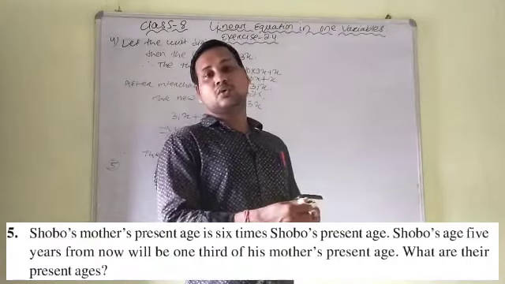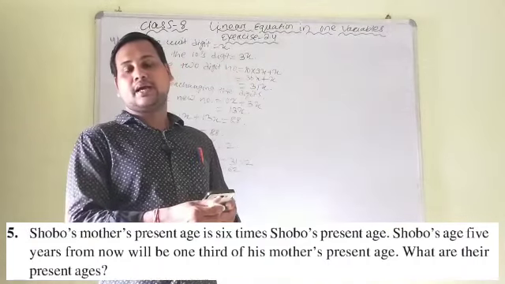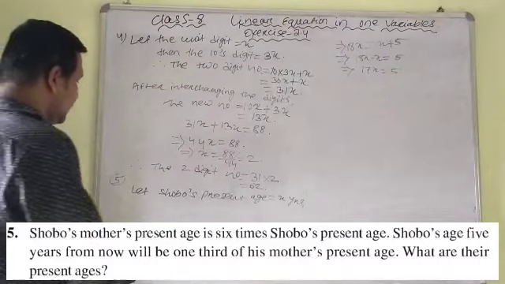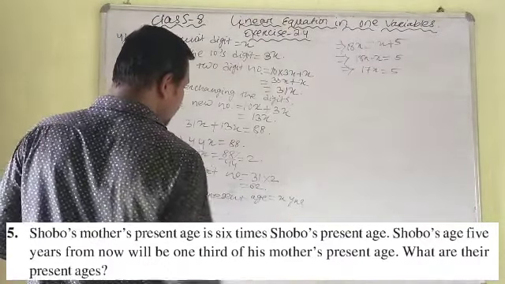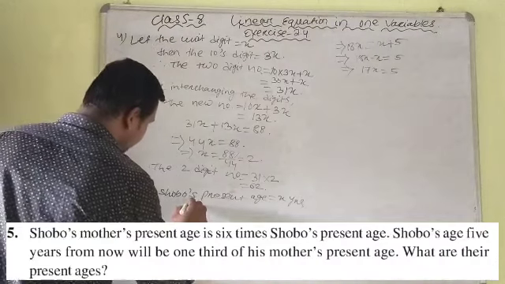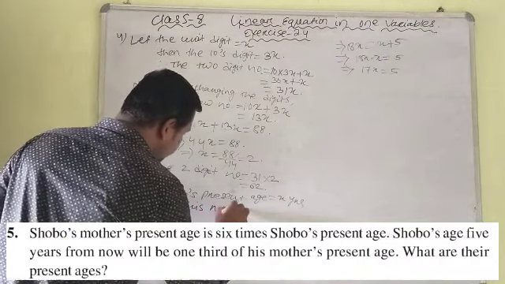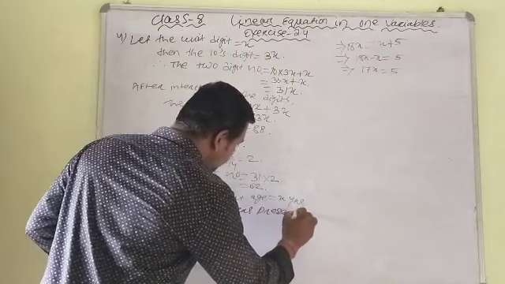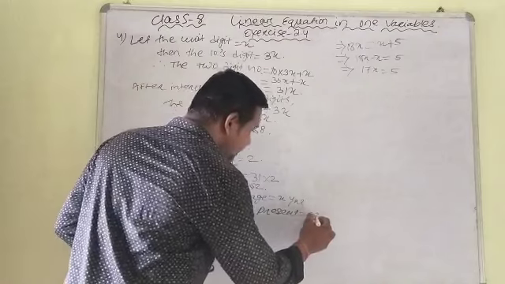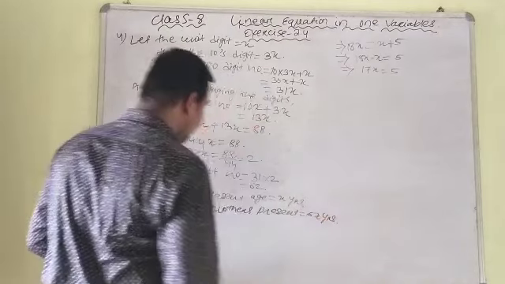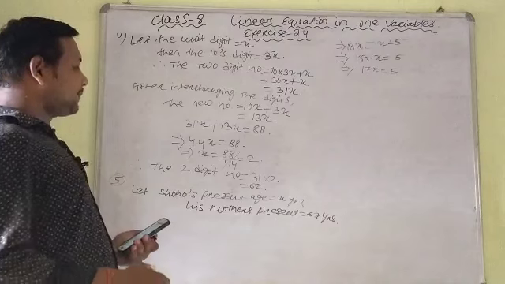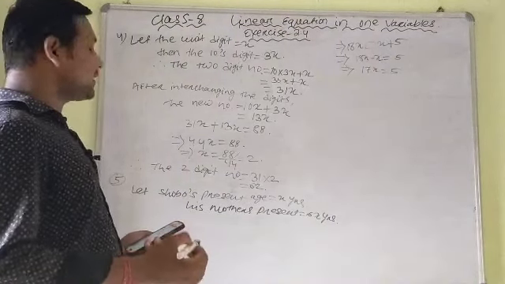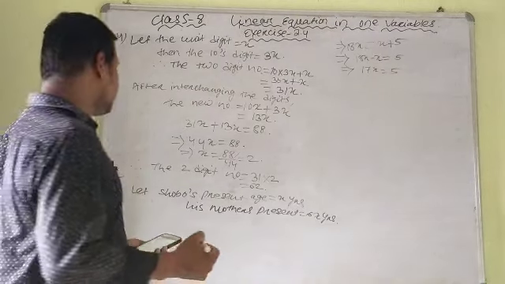So we will take Shobha's present age be x and his mother's present age be 6x. Let Shobha's present age is equal to x years and his mother's present age is equal to 6 times of his age, that is 6x years. Okay, it said after 5 years Shobha's age is equal to 1/3 of the present age of his mother.